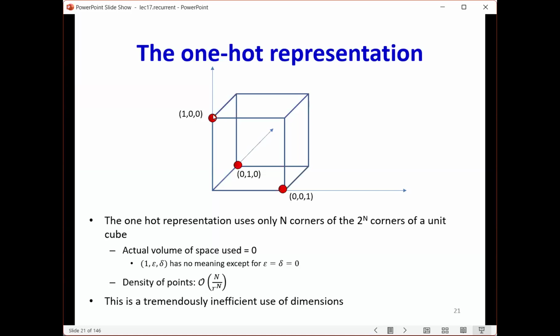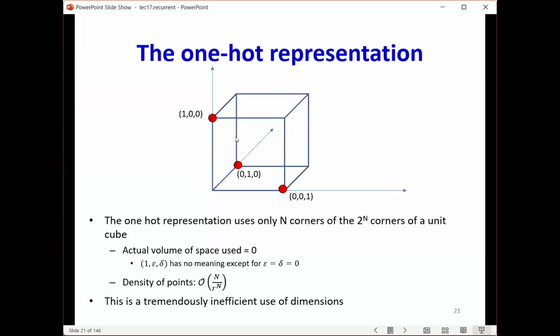Because think about it. This 1, 0, 0 represents a word. If I just go away from it by a small epsilon, to 1, epsilon, delta, this is a meaningless thing. It has no interpretation at all. So the total volume that you're using from the space is 0, because each point is just a 0. And the density, if you're only considering this unit cube, the volume of the cube is 2 raised to n.